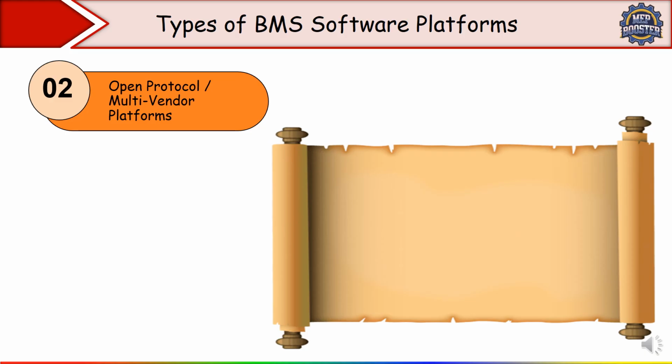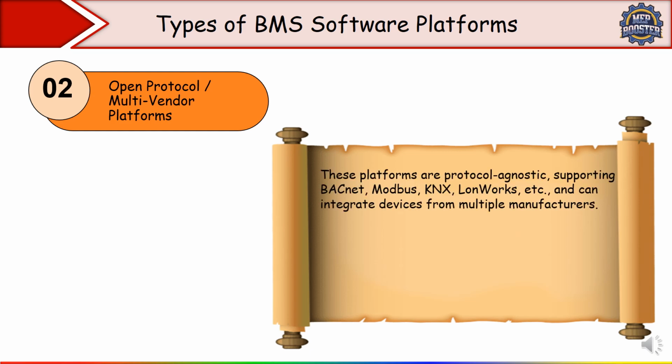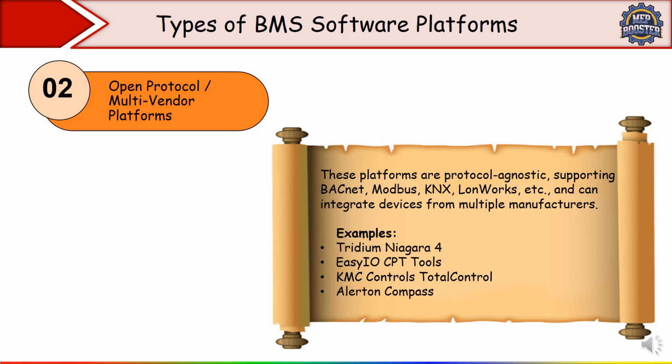Now the second type is the open protocol multi-vendor BMS software platform. These platforms are protocol agnostic, supporting BACnet, Modbus, KNX, LonWorks, etc., and can integrate devices from multiple manufacturers. For example, Tridium Niagara, Easy IO, CPT tools, KMC Control, Alerton and Compass.